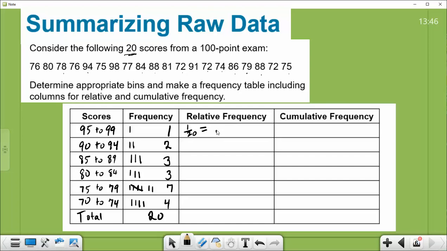That's 0.05, which is 5%. 2 out of 20 is 0.10, which is 10%. 3 out of 20 is 0.15. You just type it in your calculator. But every one is 5%, so 5, 10, 15%.